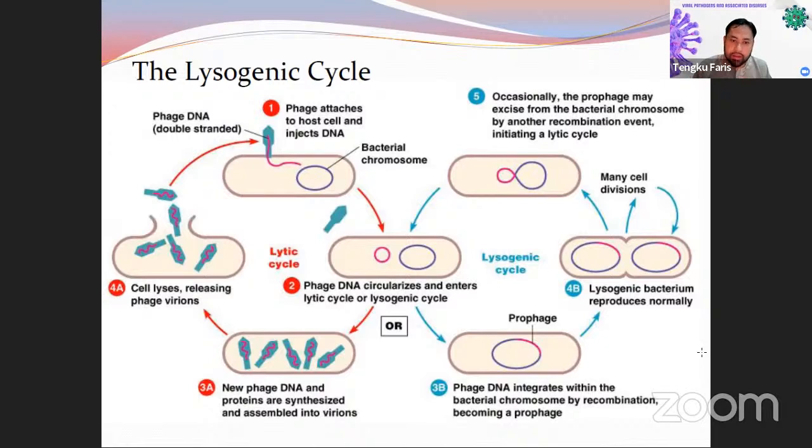Okay, you can name it. All right, so the bacterial chromosome or the bacterial DNA is now in a circular shape, but then the phage attaches to the host cell and injects DNA in a single stranded form, or in the positive strand.